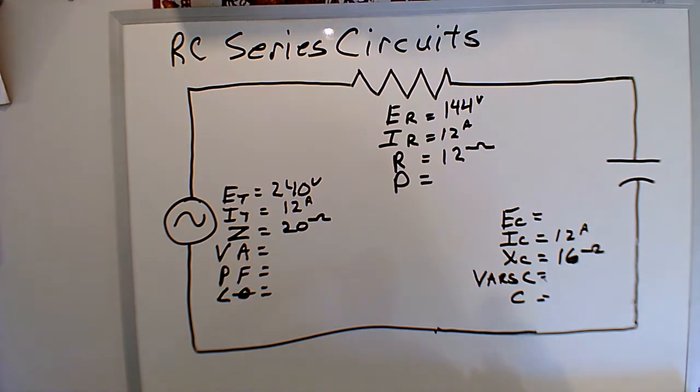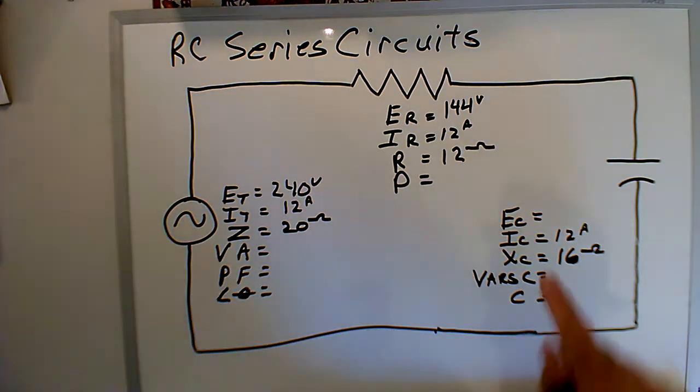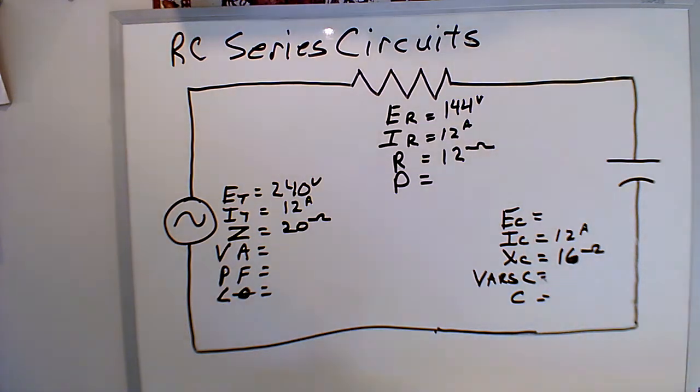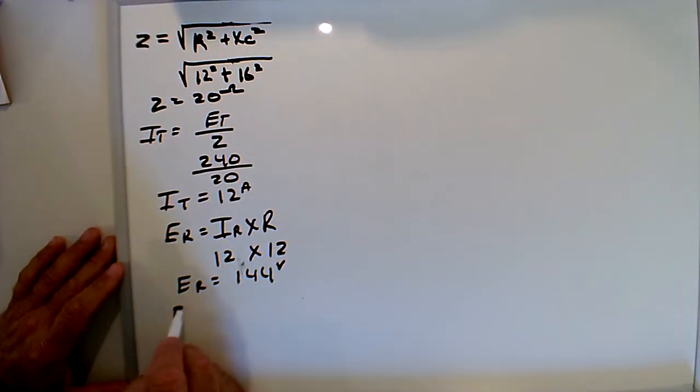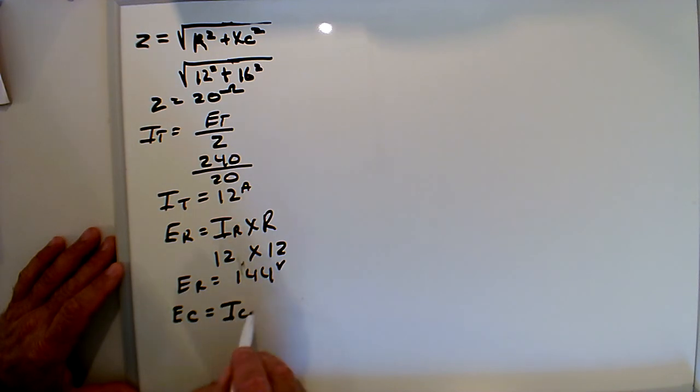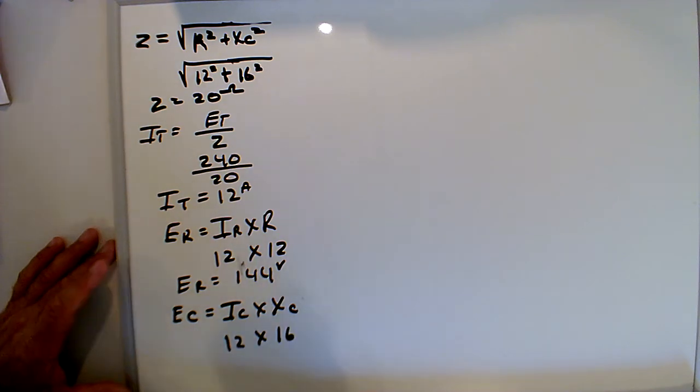144 volts. I can do the same over here and solve for the voltage drop across the capacitor. I have the current and I have the capacitive reactance, so I can do that. So I could solve for EC is equal to IC times XC. And IC is 12 times 16.